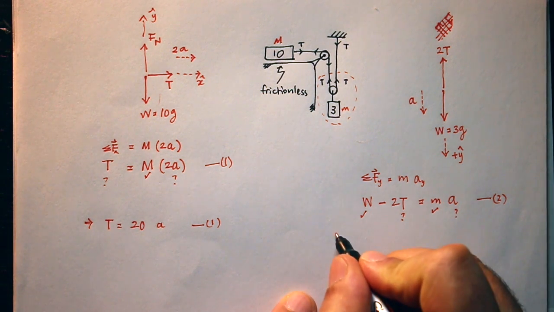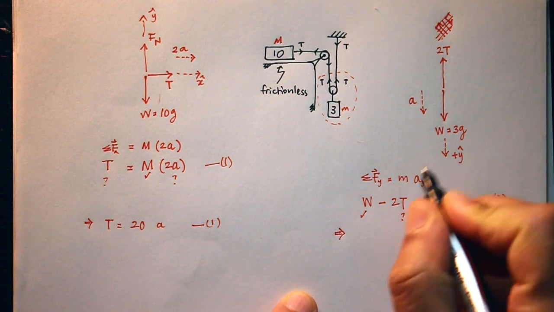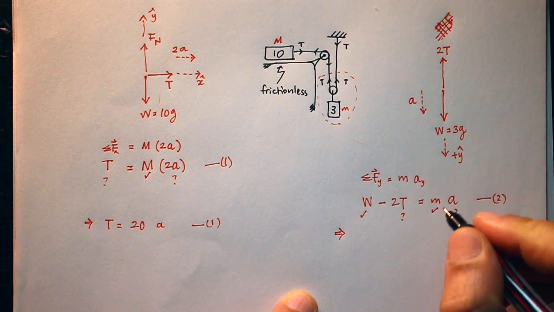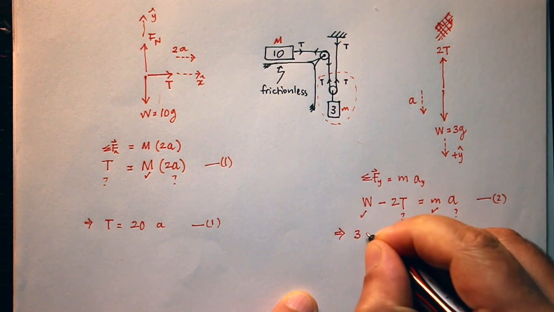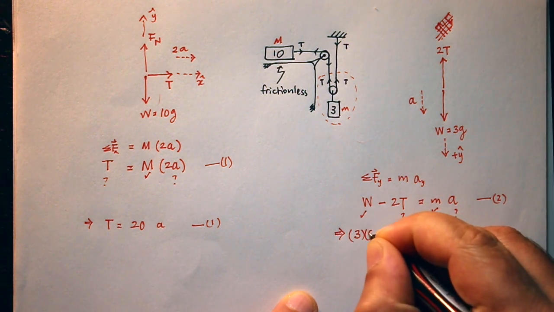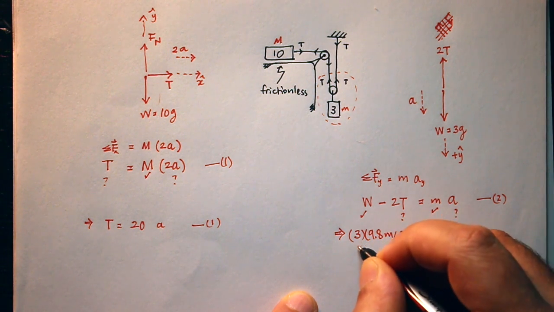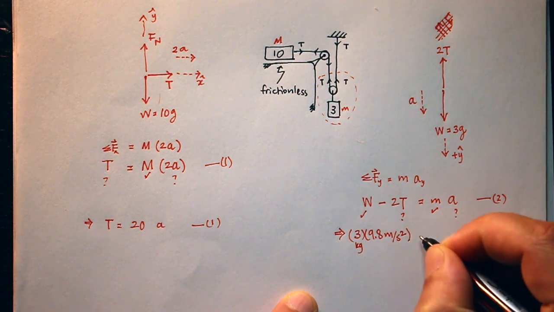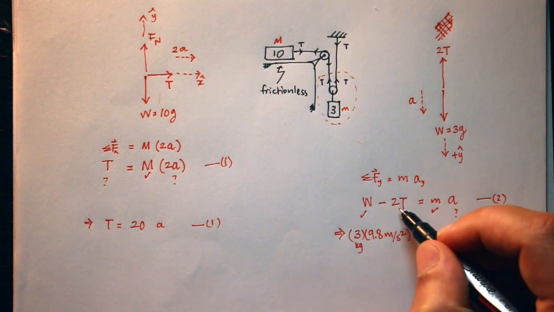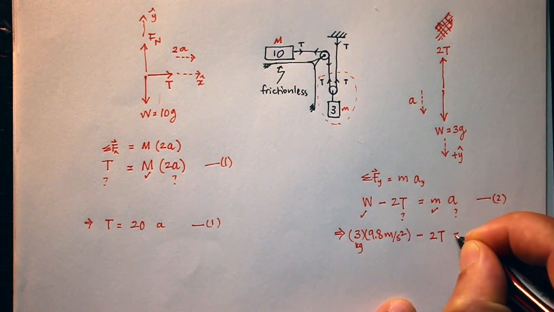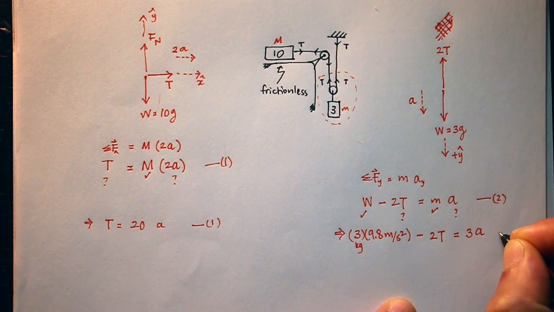And equation 2 is going to be, the weight here is 3 times g. So that's 3 times 9.8 meters per second squared, and this was a 3 kilogram mass, minus 2T is equal to 3A. That's equation 2.